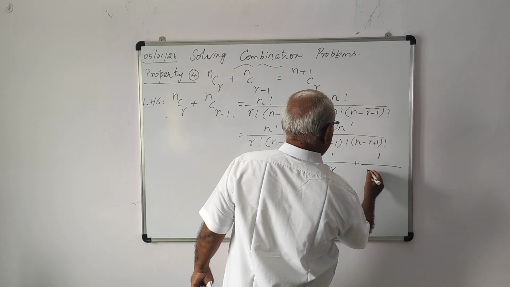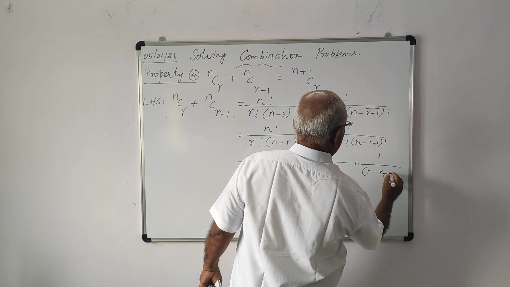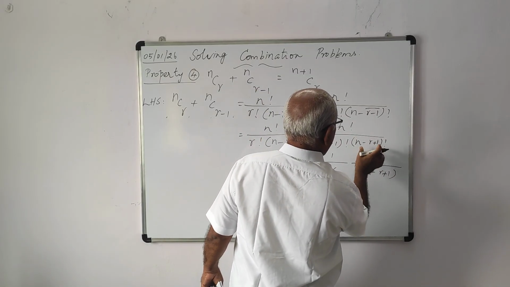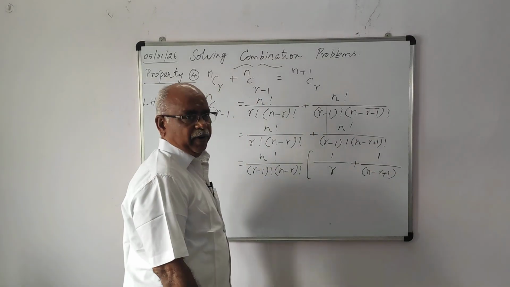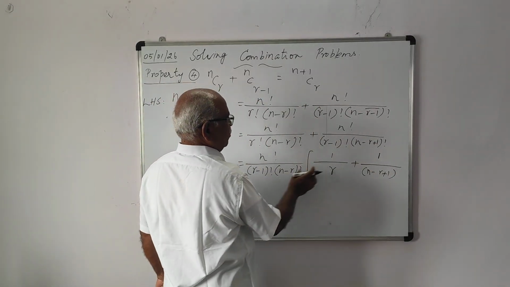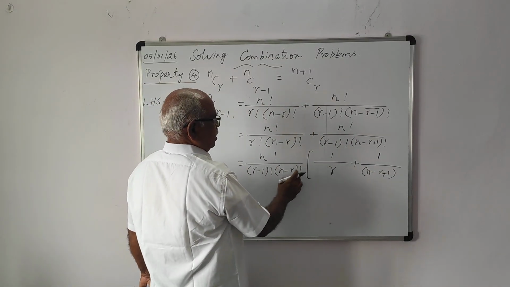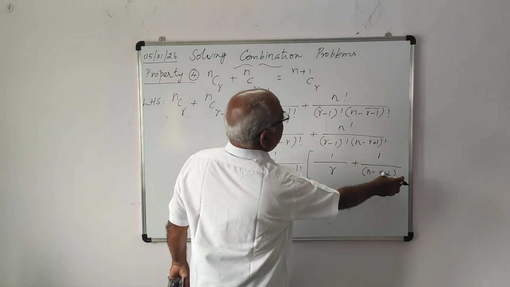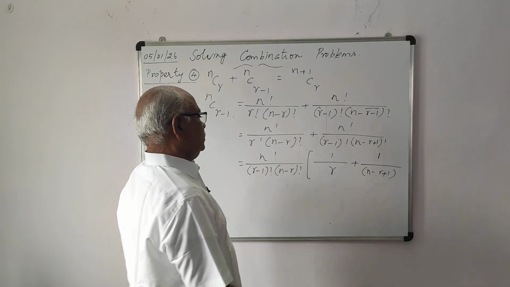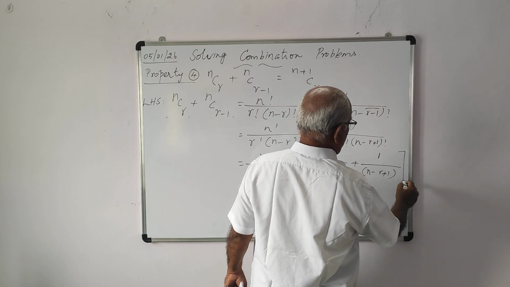Therefore, the remaining term n minus r plus 1 only remains in the second term's denominator.